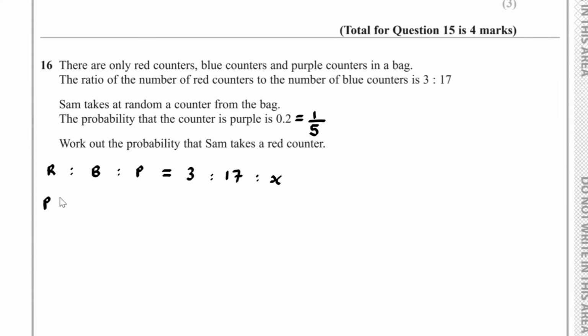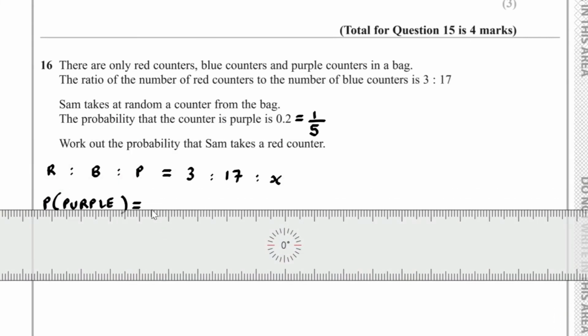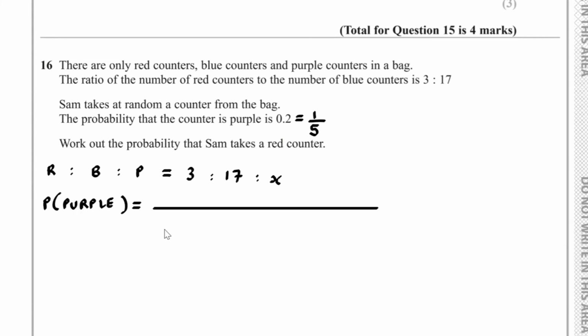So the probability of purple is equal to, well, how do I work out the probability of a purple? Well, I've got 3 plus 17 plus X in total, and of those, X is purple.